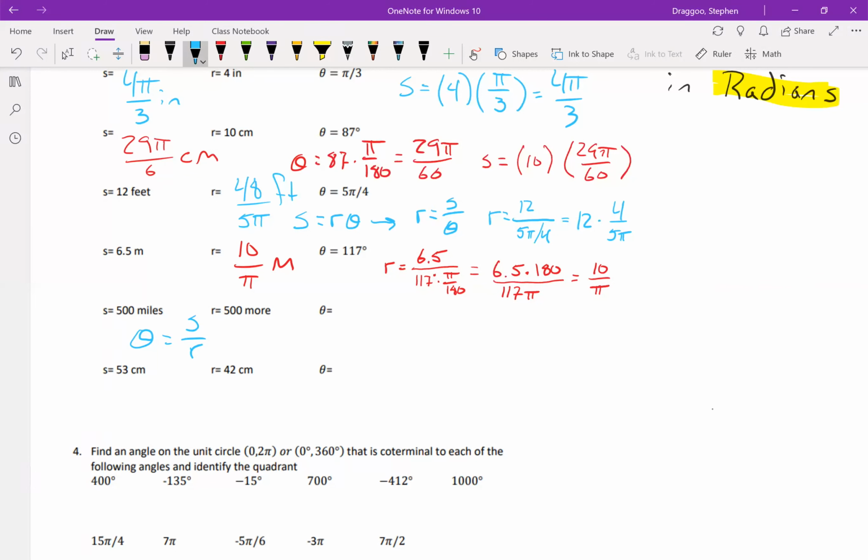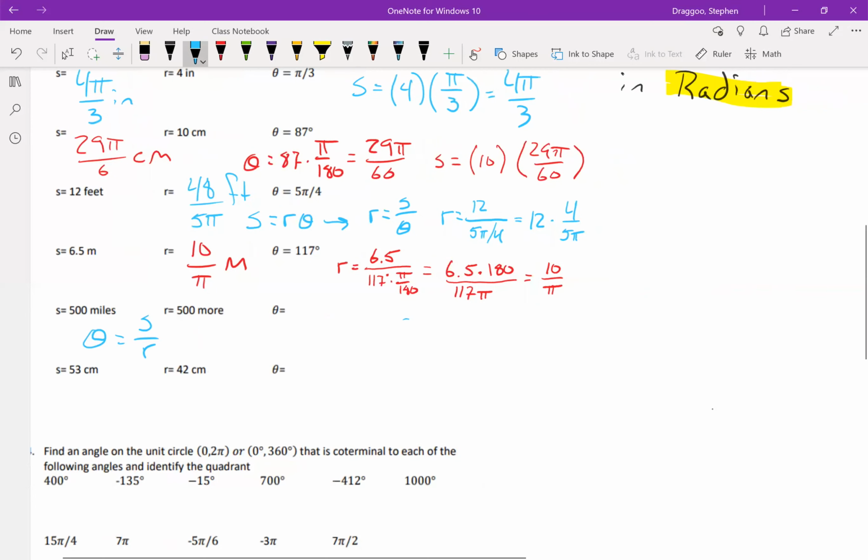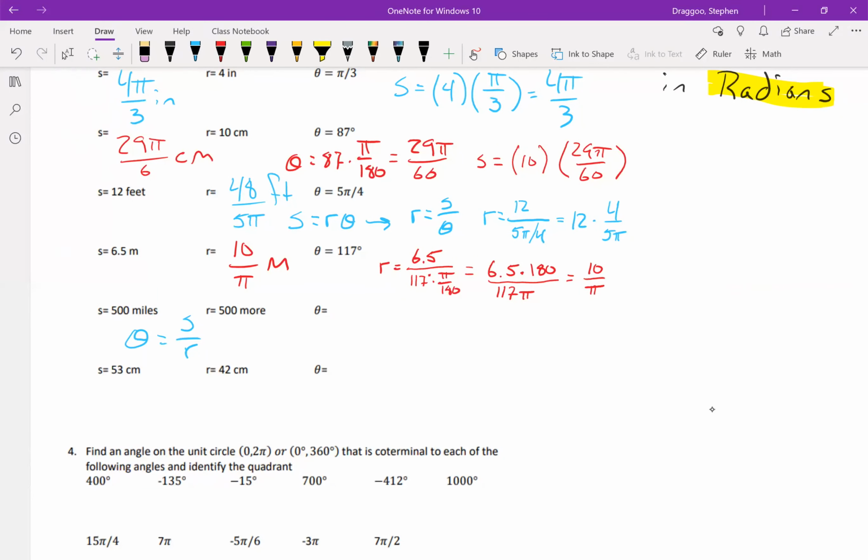So here we have the arc length is 500 miles and the radius is 500 miles, meaning that theta should be 500 divided by 500, comes up with an answer of 1. So we get that our angle theta is just 1 radian.